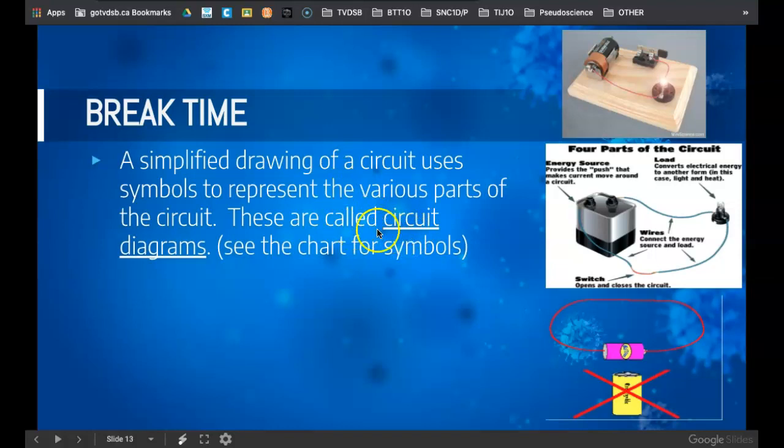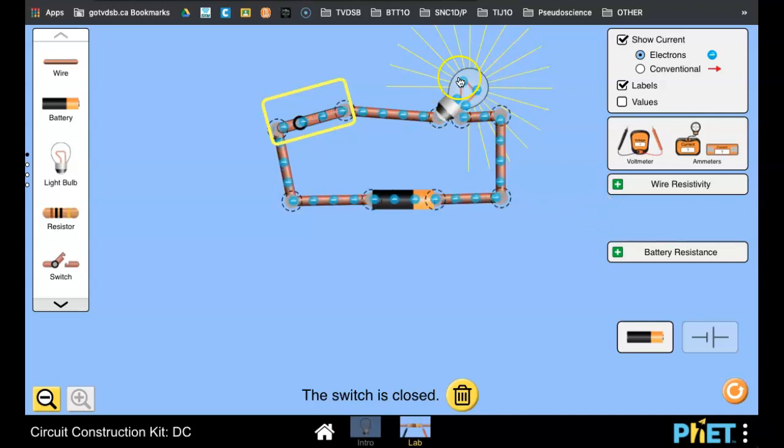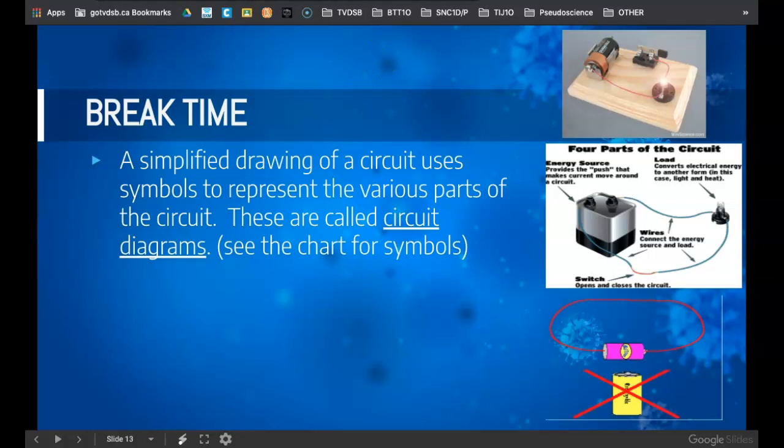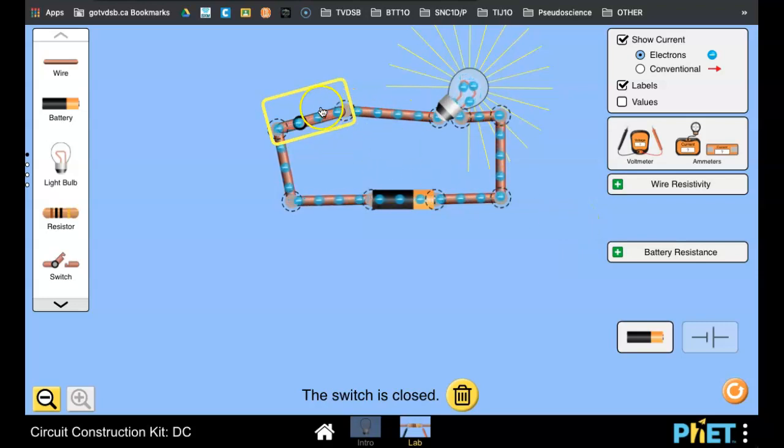So instead of drawing a light bulb, you're going to replace it with its symbol. In order to do that, you are going to have to open up the attached file that has the circuit symbols. Instead of drawing a switch, well, actually the switch kind of looks the same. Instead of drawing a light bulb that looks like this, you're going to have to draw it using the symbol.